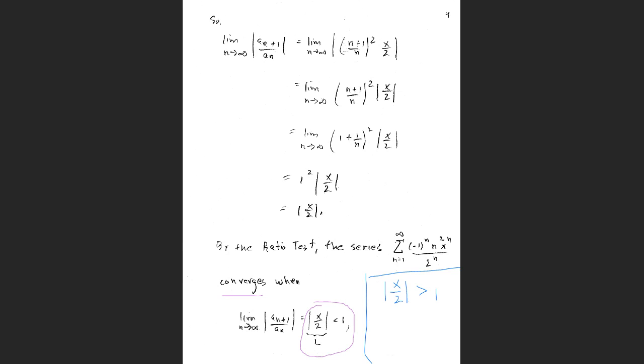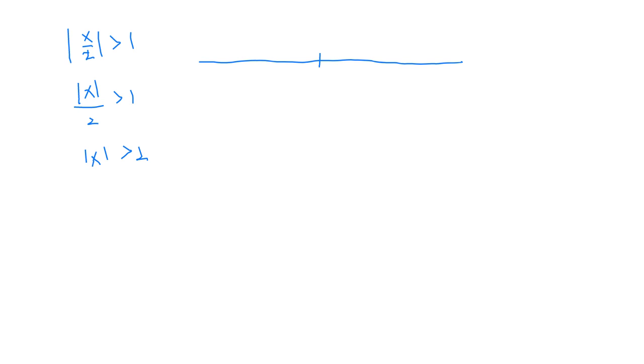And so if I go to the whiteboard here, absolute value of x over 2 greater than 1 means the absolute value of x is greater than 2. Well, when is the absolute value of x greater than 2?